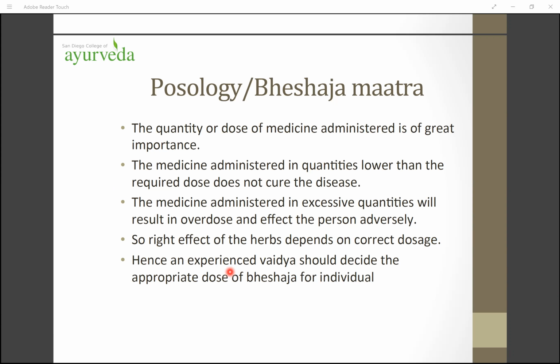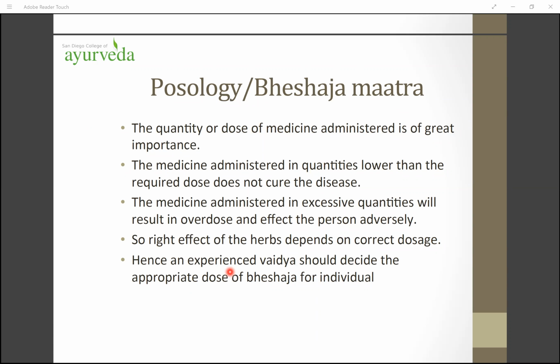It's not going to be fatal, but what it will do is increase the heat so much in the body that the person who has come to you, say for ama digestion or for indigestion, would now start experiencing acidity and burning sensation and so on. So you need to make sure that even if it's a herbal preparation, you administer it in the right quantity, right? You're doing this so that the best effect of the herb is derived by the patient, and that helps to cure the condition that you're giving it for.